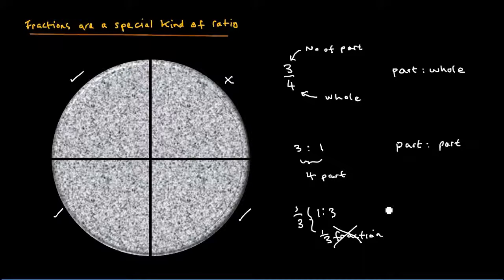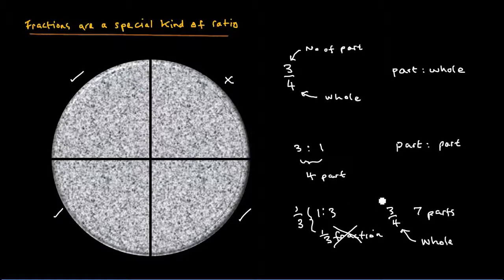Okay, let's think about 3/4. Again, if I thought that was a part-to-part ratio, then I would think that I had 7 parts. But I don't have 7 parts, I've only got 4 parts, and that's because this denominator here is in a fraction, which is what this is, signifying the whole. It's how many equal parts make up the whole.